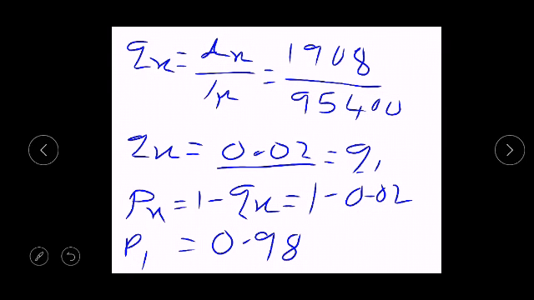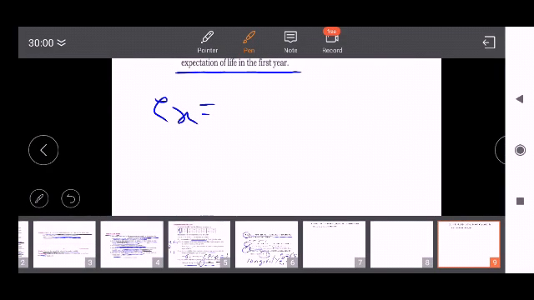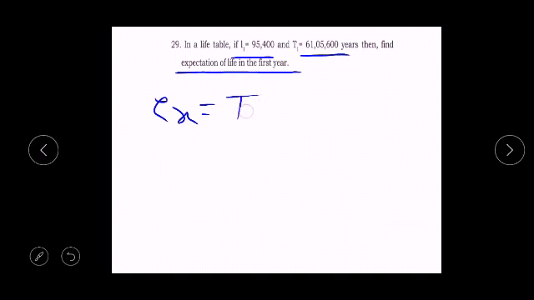And the next problem we solve now: in a life table, if L1 is 95,400 and T1 is equal to 61,05,600 years, then find the expectation of life in the first year. So expectation of life is nothing but Ex. The formula for Ex is Tx divided by Lx. They have given T1 and L1.